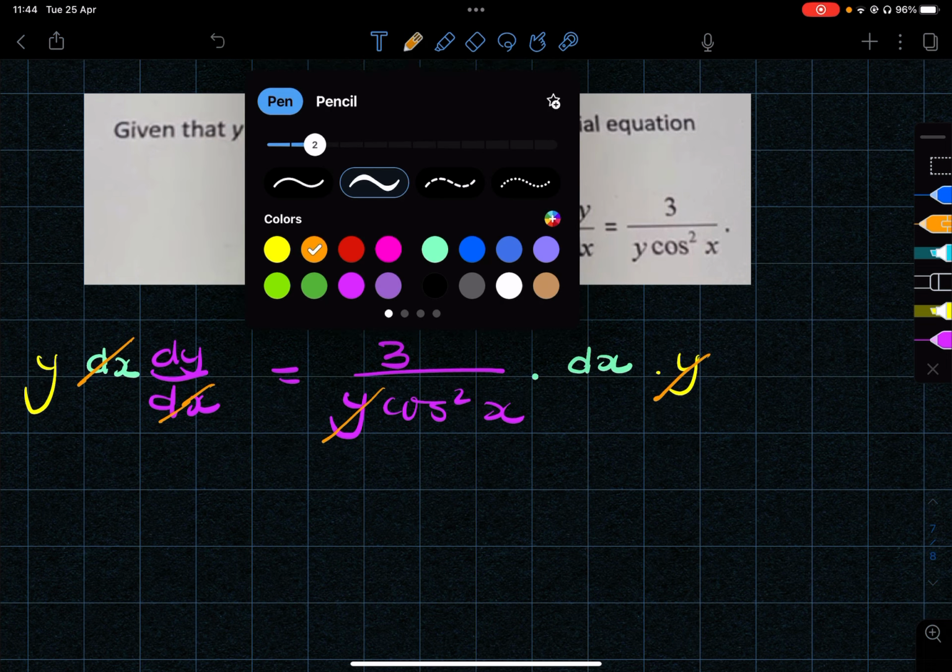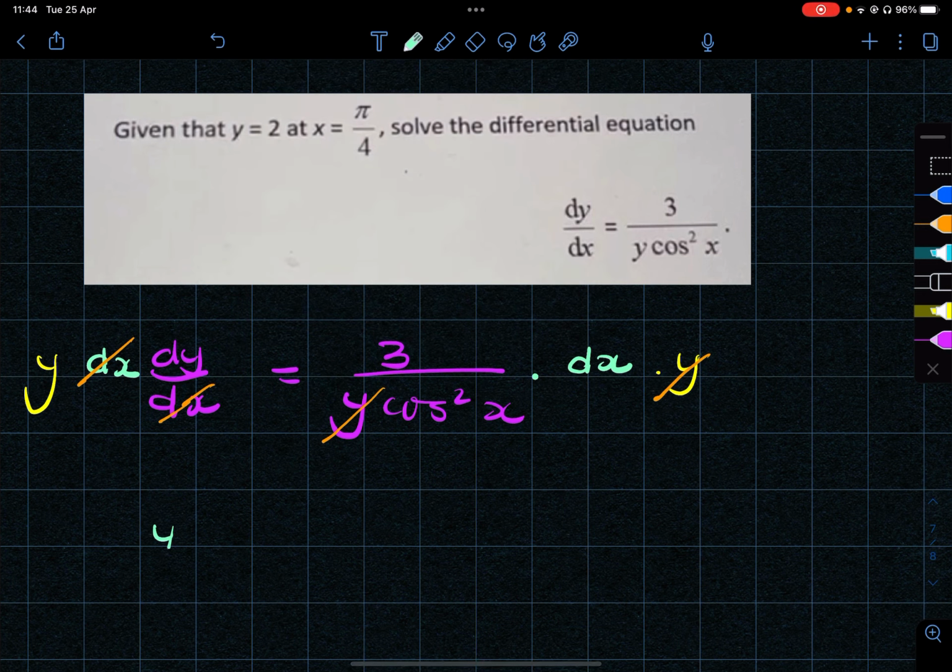So you're then left with y dy equals 3 over cosine squared x dx. Now you've got y alongside the dy and the x alongside dx, and dx and dy are both in the numerator, not in the denominator. Now we're ready to integrate.